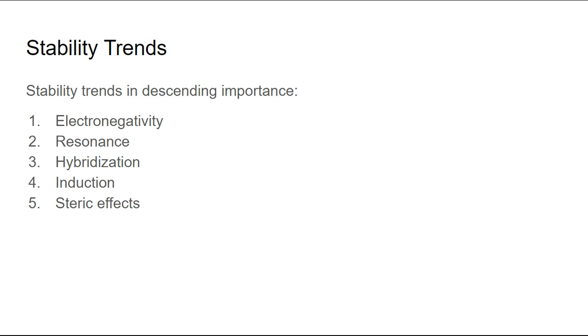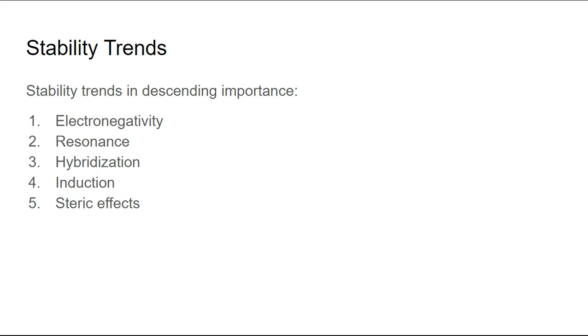Induction basically means that if you have electronegative atoms on one side of a molecule and you're pulling electrons away from the more positive atoms on the molecule, that's stabilizing because there's going to be an inductive effect, meaning the electrons are more likely to be found around the electronegative atom than the more electropositive atom.